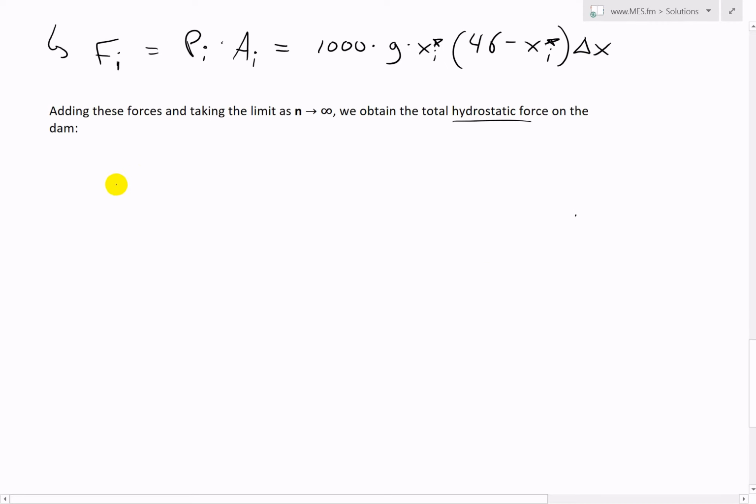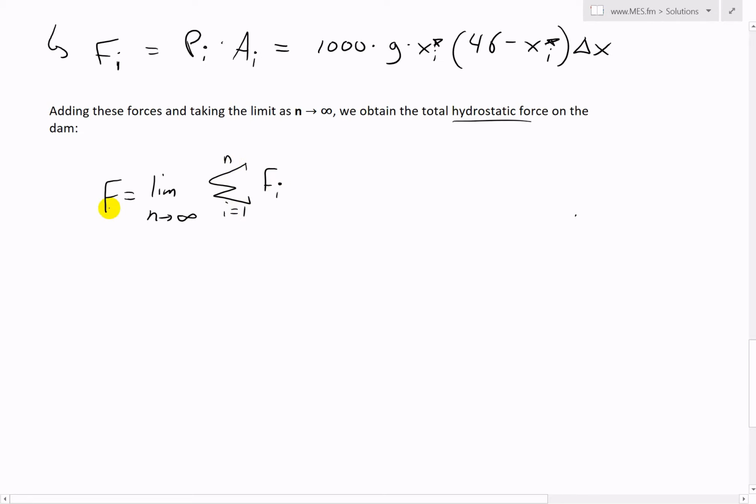This is basically applying integrals to this physics or engineering problem. So the force equals the limit as n goes to infinity of the summation from i equals 1 to n of Fi.